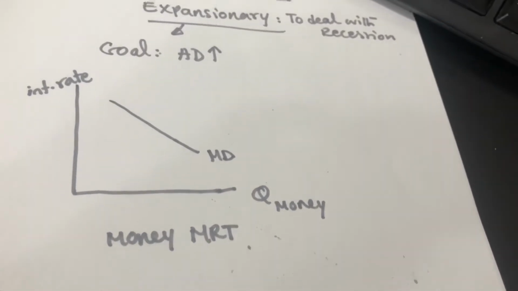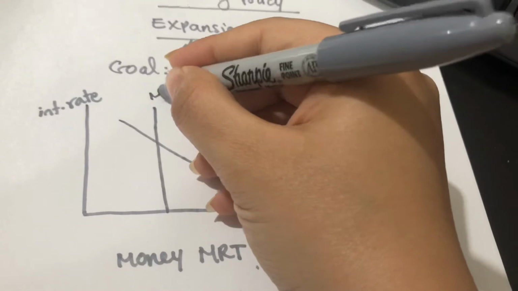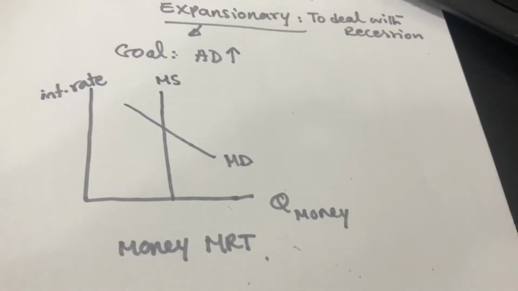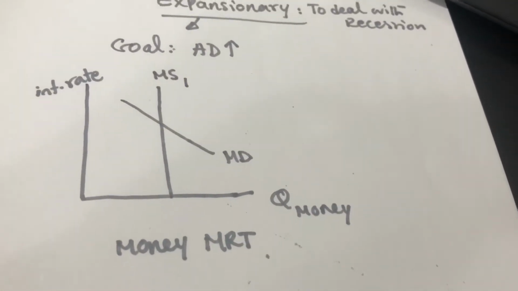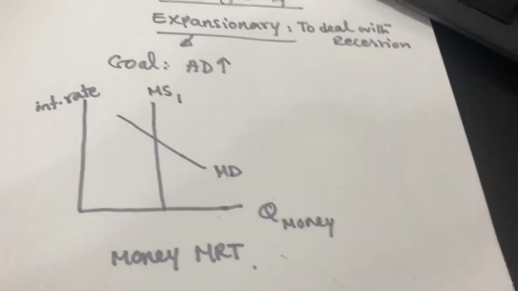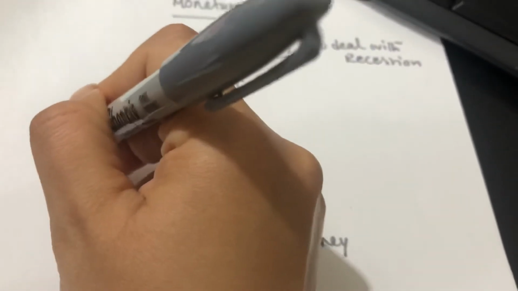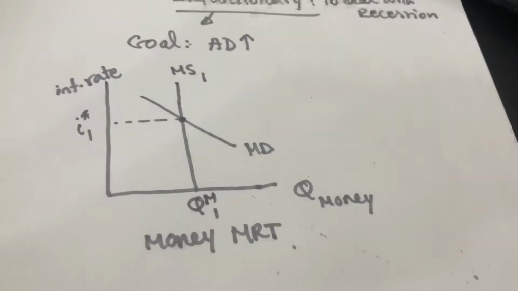So this is our downward sloping money demand, and hopefully we remember that money supply is vertical because the Federal Reserve is in charge of controlling the supply of money. I'm going to call this supply of money MS1. So the market equilibrium is right here. This is our i star 1, and this is our QM1.